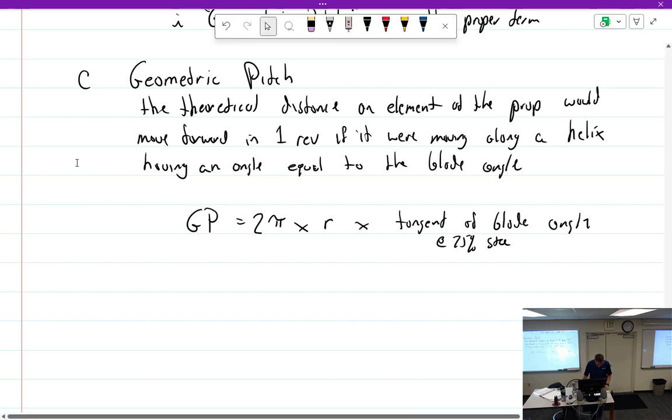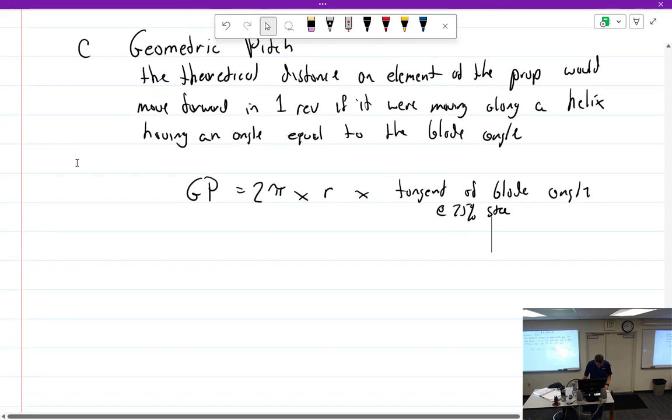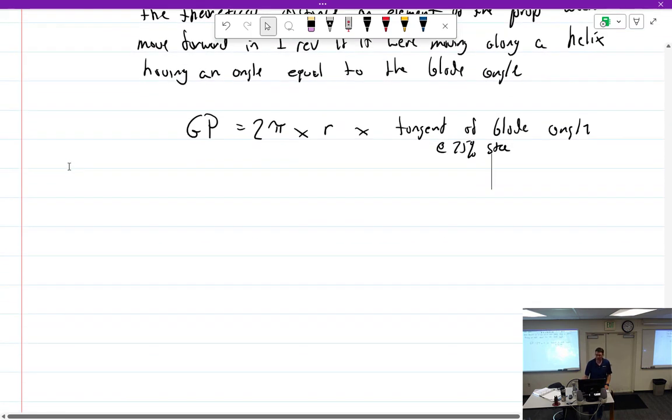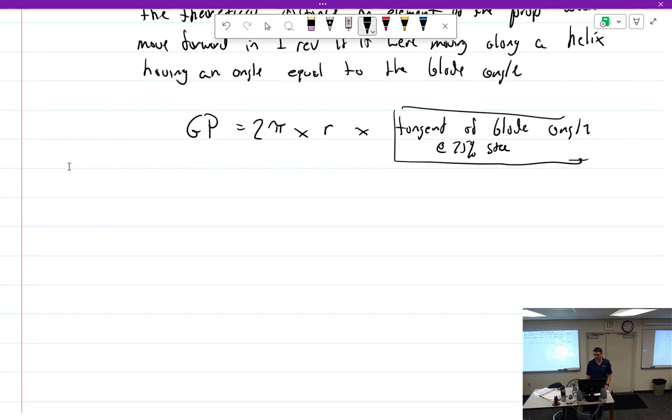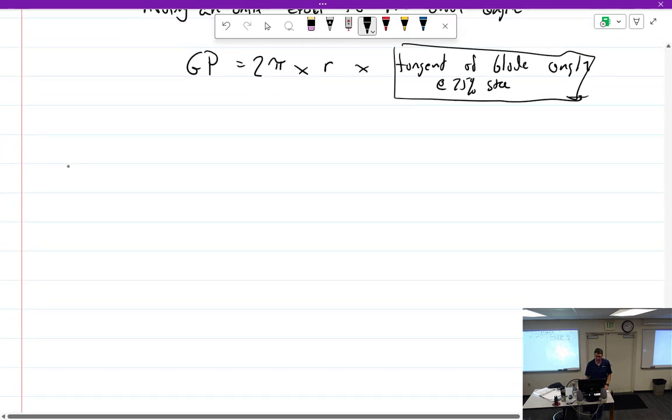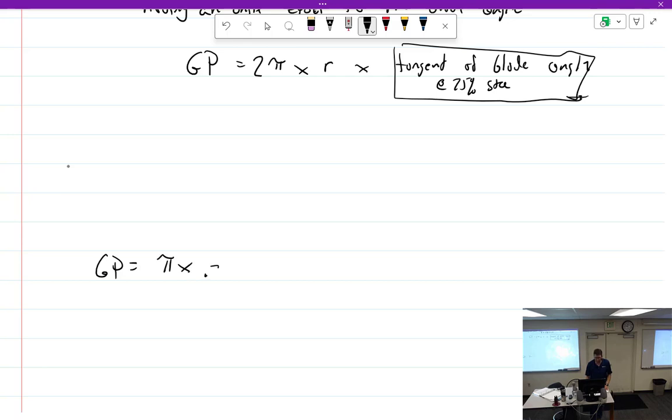And then what did I do in your lab work? I guess it's the same. Oh, that's a little bit different, but then it's still multiplied by 75%. Yeah, so it's close. You just have to get it at the 75% station right off the bat. The one I give you in lab is geometric pitch equals pi times 0.75 times, oops, I'm sorry. Hang on, I was looking at the wrong thing.